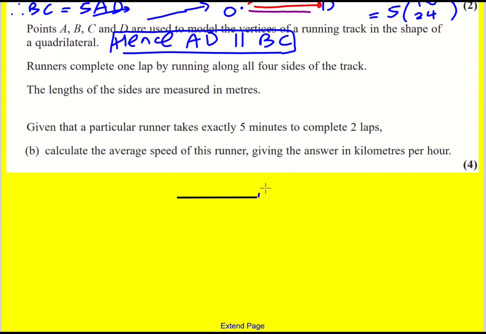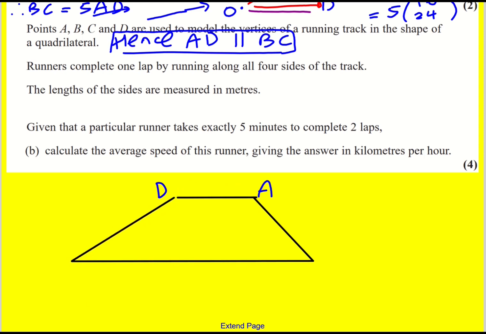Let's say I've got A here and D here. Then I'm going to draw a parallel side. I'm actually going to create a trapezium, much longer at the bottom. It's not perfectly to scale, but A, B, C, D, there we go.